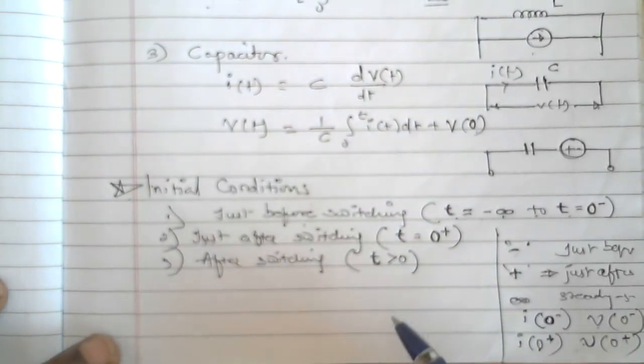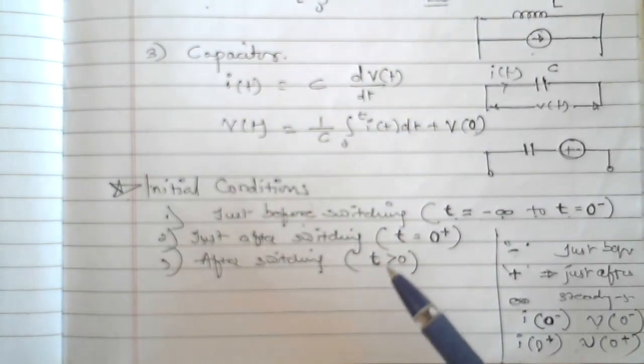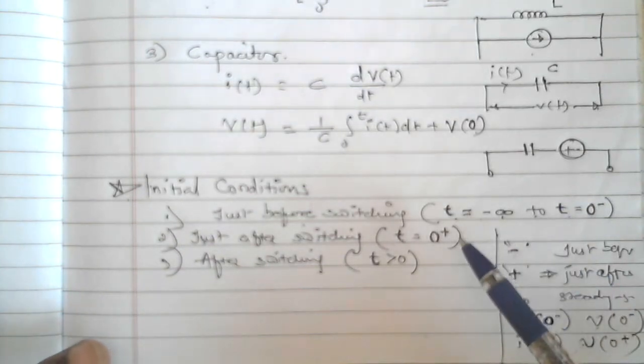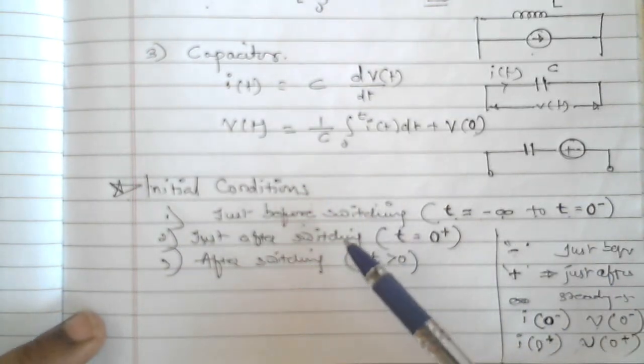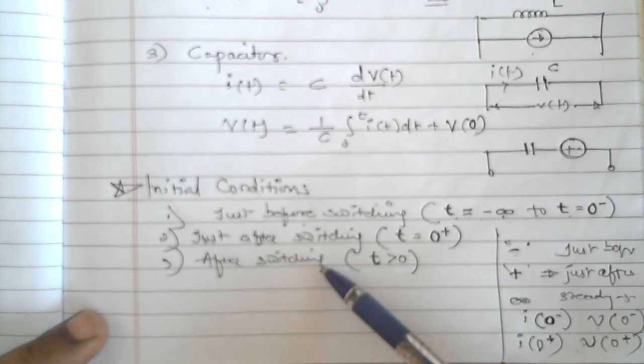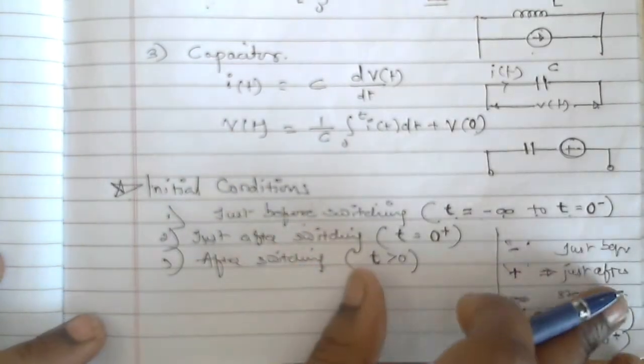In this whole chapter we will deal with all these conditions: just before switching, just after switching, and after switching. We will see how a particular component behaves before switching, just after switching, and some time after switching. First we will see a resistor.